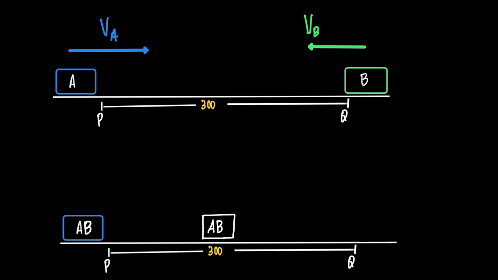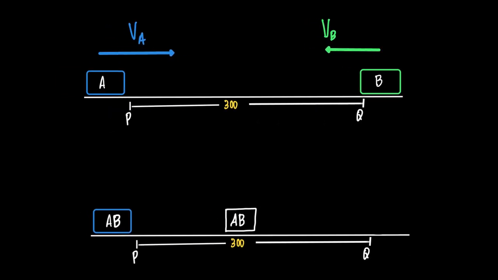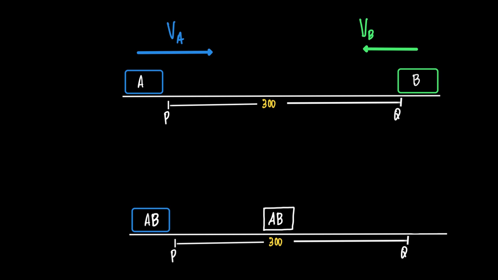So now, let me just write it down here as well so things become more clear. This is two cars being analyzed individually, and here we have only one car which is being analyzed in relative motion. So what did we say?